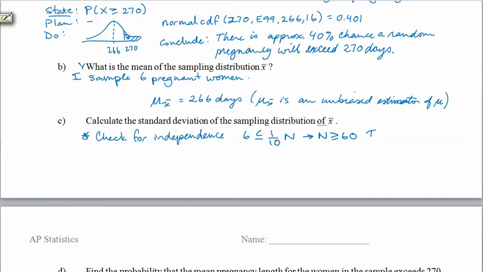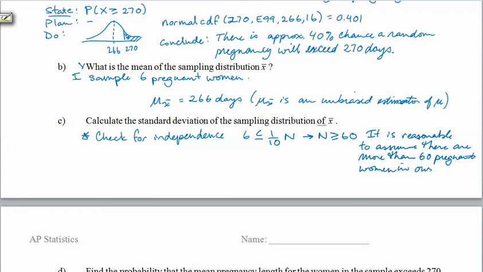And so it is reasonable to assume there are more than 60 pregnant women in our population.